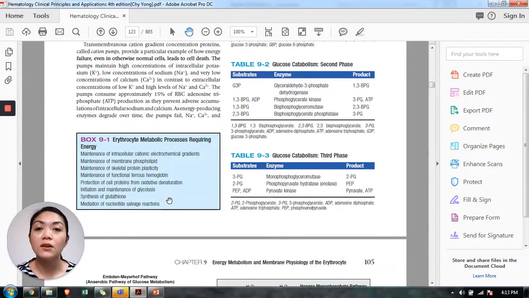So again, maintenance of the intracellular cationic electrochemical gradient, for the maintenance of the phospholipid of the membrane as well as the skeletal protein plasticity, for the functional ferrous hemoglobin, for protection of cell proteins especially against oxidative denaturation, and for maintenance of glycolysis, synthesis of glutathione, needed also for reduction of iron, and mediation of nucleotide salvage. So these are all the specific processes that require energy inside a red blood cell.